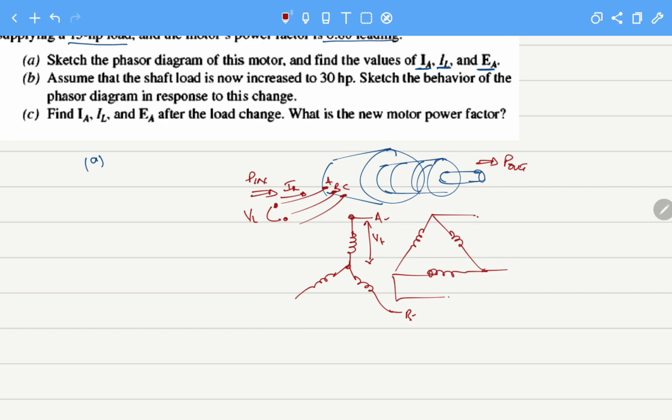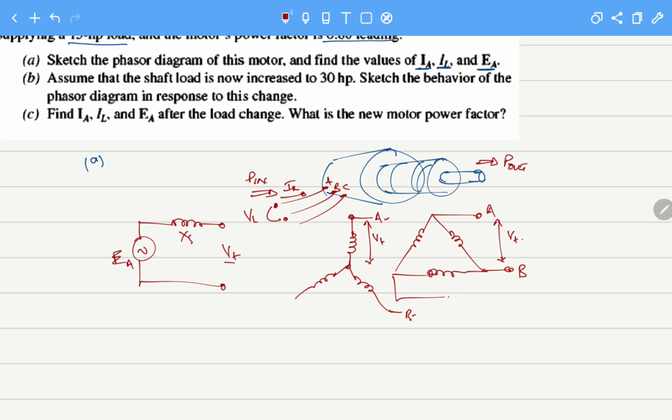But if it is a delta connected machine, then the voltage between these 2 terminals A and B will actually be the terminal voltage of the per phase equivalent circuit, and the per phase equivalent circuit which I am talking about is this here. Ra is 0, so this is the Vt, the per phase equivalent value I am talking about.